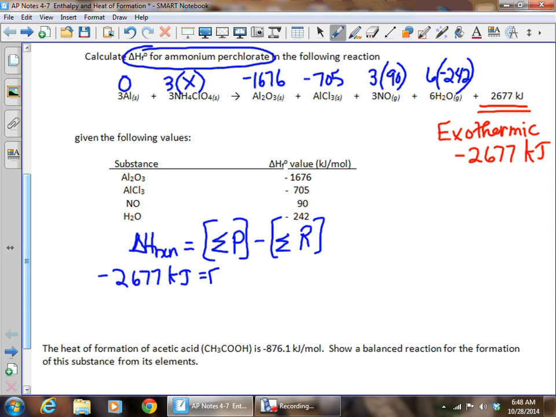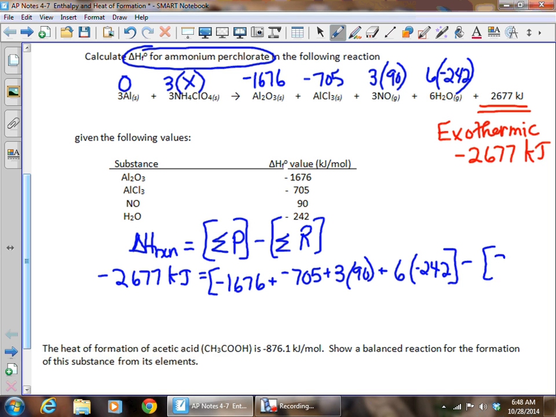So we've got for the products negative 1676 plus a negative 705 plus 3 times 90 plus 6 times negative 242. And we're going to be subtracting our reactants, which is simply going to be our 3x since aluminum is 0, minus 3x.